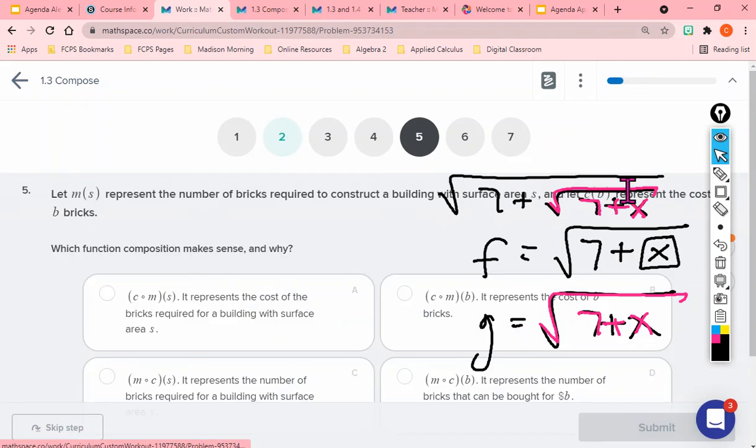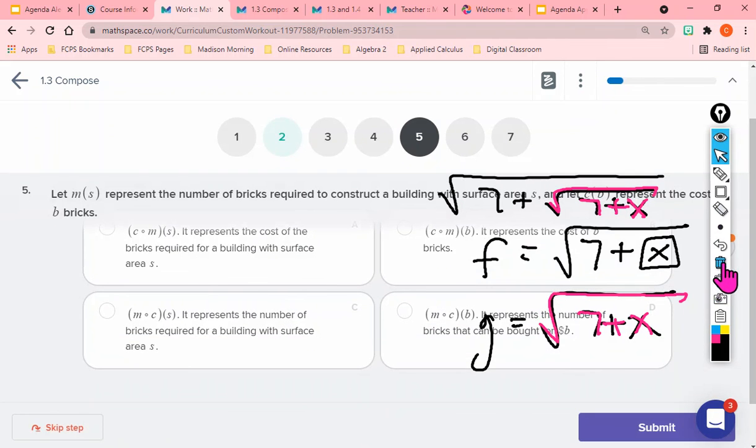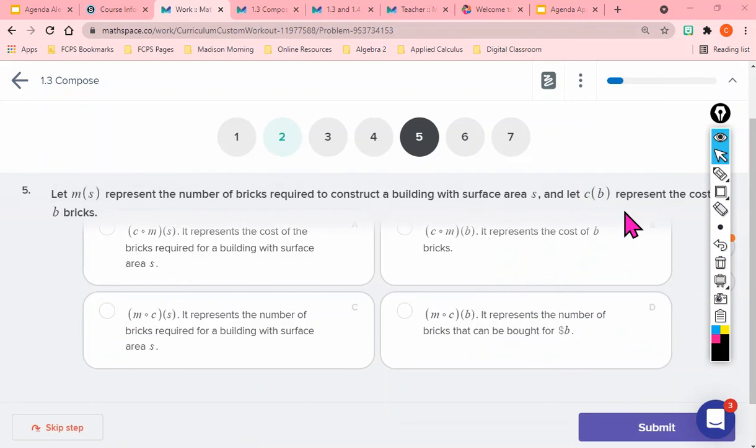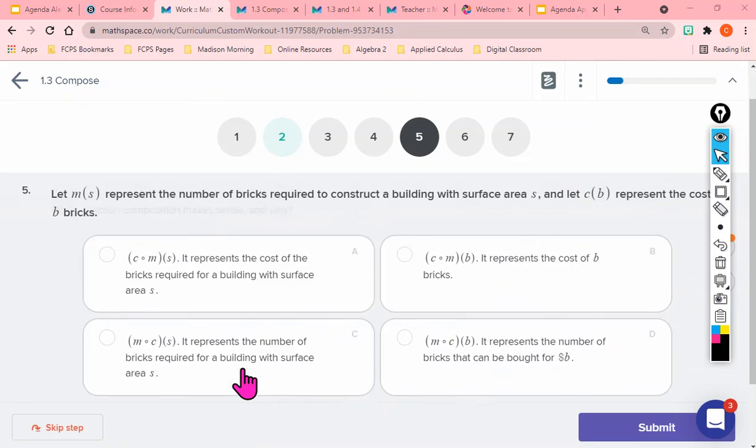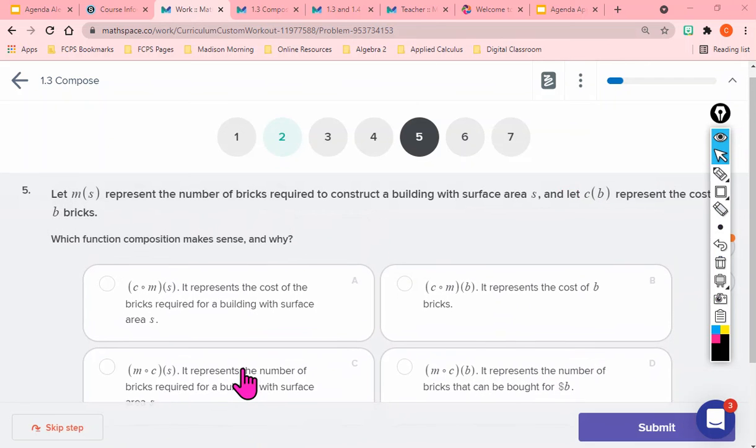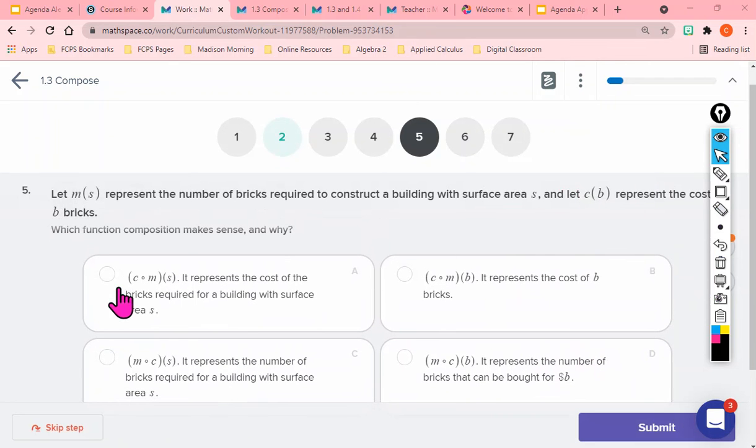All right, word problem. Okay, the only reason I wanted you to see most of these word problems is to just kind of interpret them. And so here we have the composition. Notice that the input is S. The input is B. So let M of S represent, okay, M and S. Number of bricks.